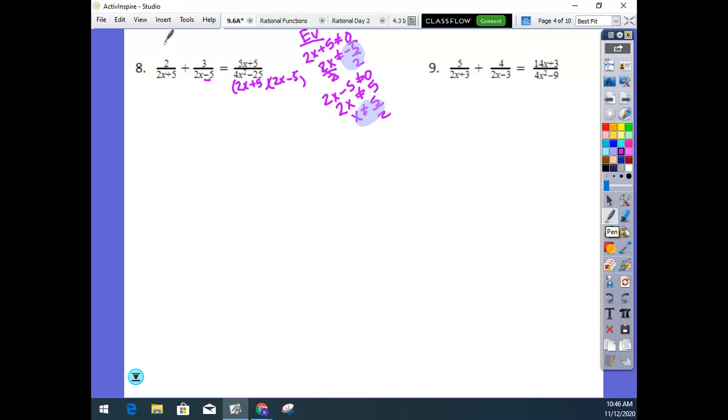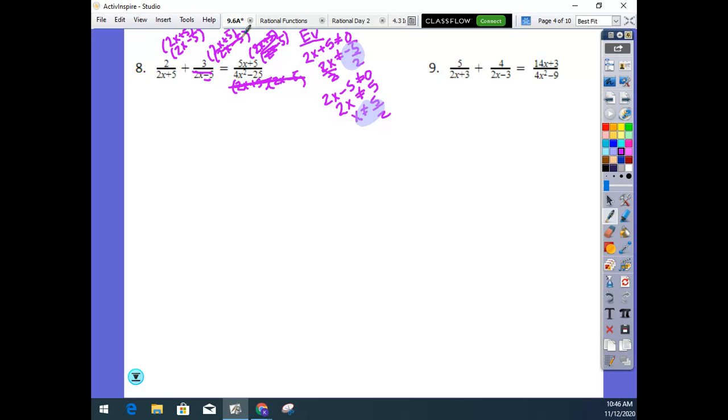All right, now I need to multiply by the least common denominator. So I need a 2x plus 5 for each one and a 2x minus 5. So all of these cancel this.